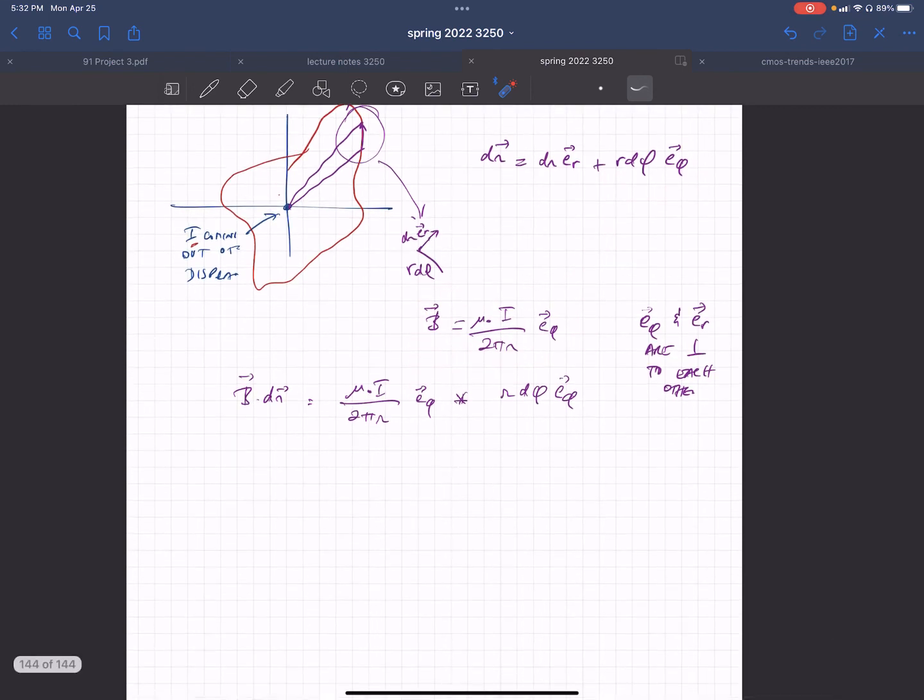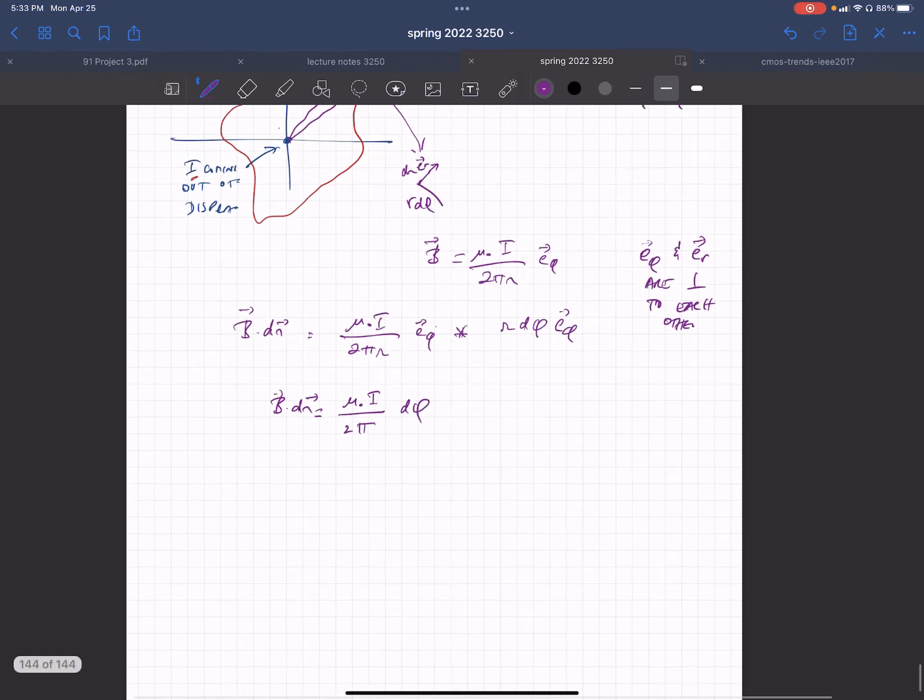Okay. And so even in this weird case, you end up with B dot dr equal to mu naught I over 2 pi. This cancels out this, so you just end up with d phi.